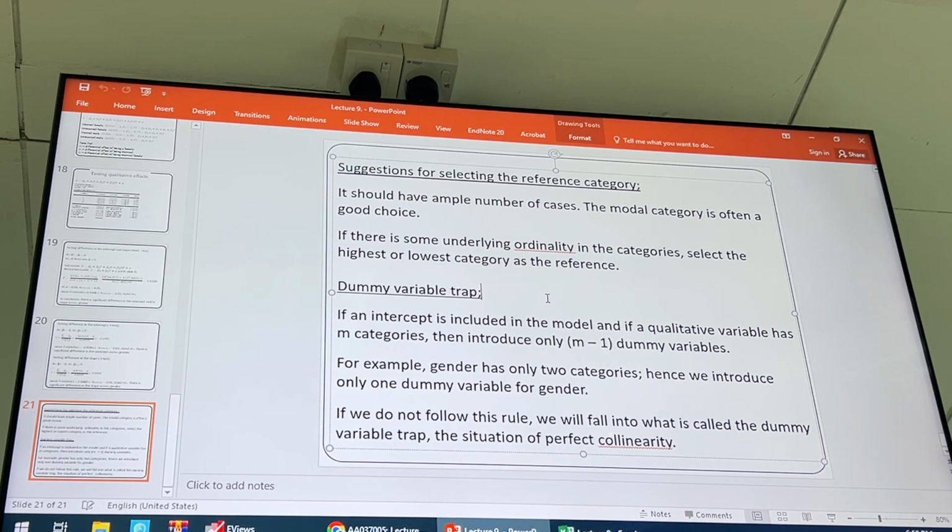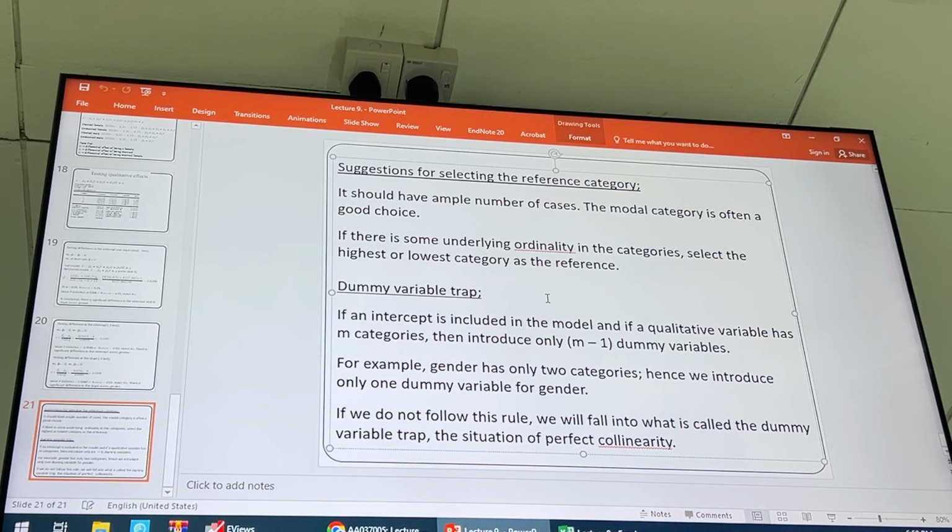Dummy variable trap. If an intercept is included in the model and if a qualitative variable has n categories, then introduce only n minus 1 dummy variables. So do not include dummy variables for all categories. Later when we do exercise, I will show that it is possible to include all categories, but you have to exclude the constant. So why do we have the problem?